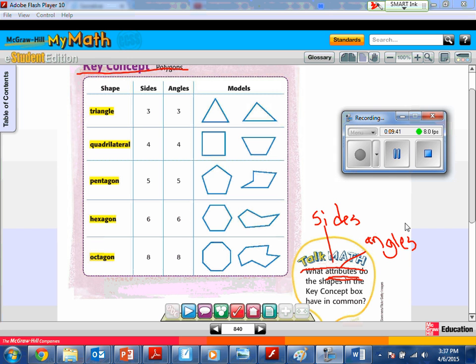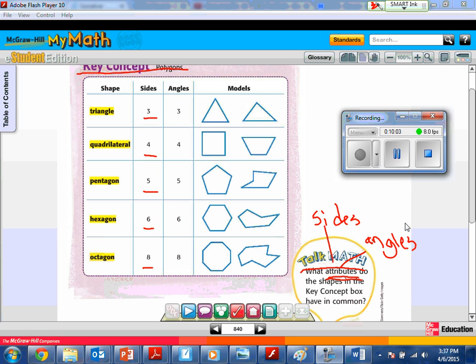We want to know what attributes the shapes in the key concept box have in common. Let's first look at the sides: 3, 4, 5, 6, 8. What could these all have in common? Each of these is greater than a number in my head.